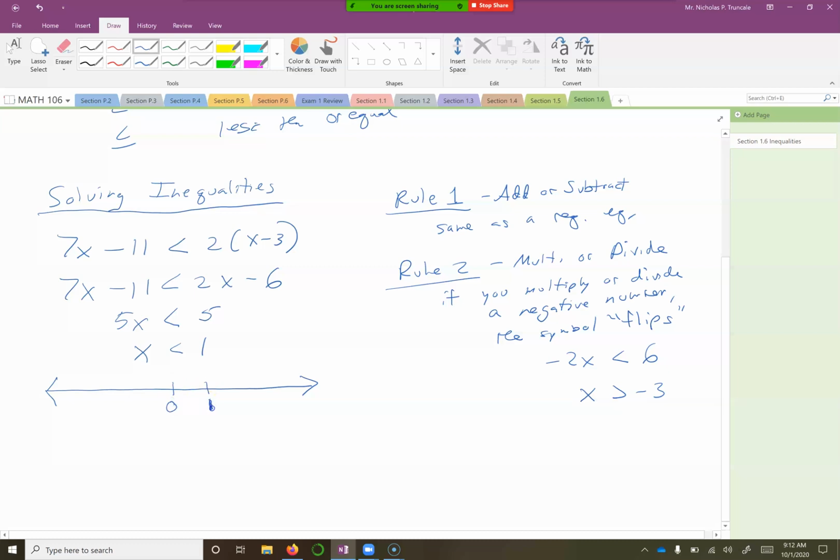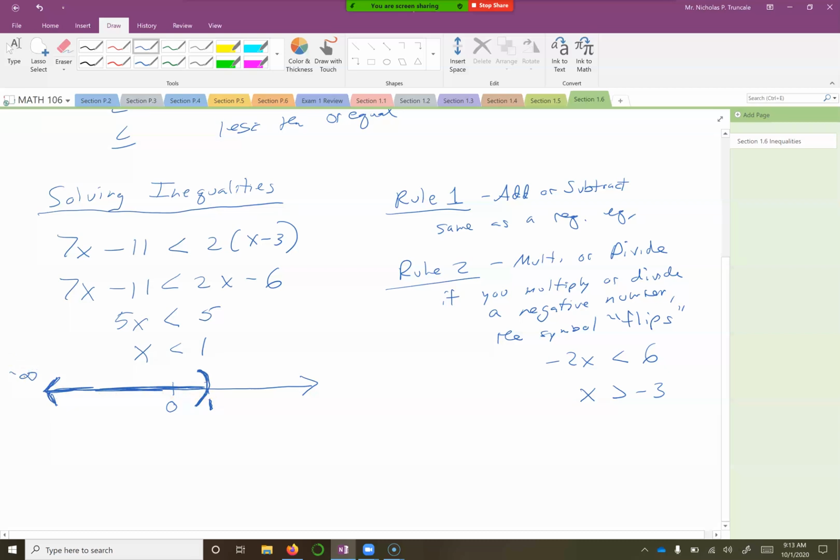When you're using number lines, we have to know if we're including 1 or not. We're not including 1. So for not including, we use a parenthesis in the direction of where all the x values are, and then just shade in the number line. So that's one way to do it. You see that it goes all the way to negative infinity.